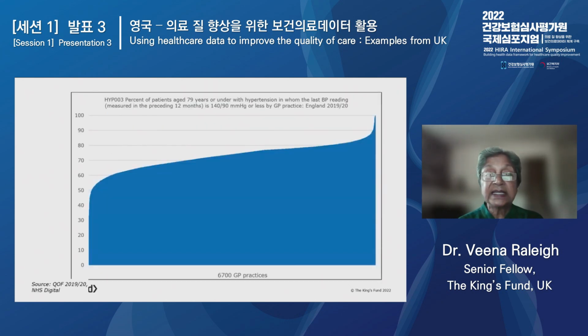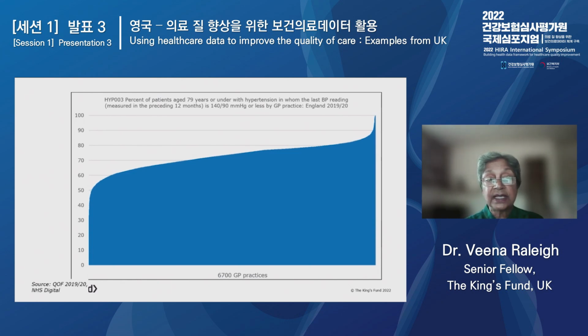So this is one indicator. It shows blood pressure control in people under 80, those patients with recorded hypertension in whom the blood pressure is controlled at less than 140/90. And this represents the data from almost 7,000 practices.